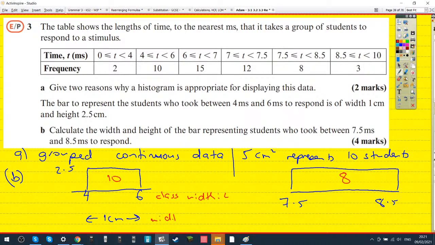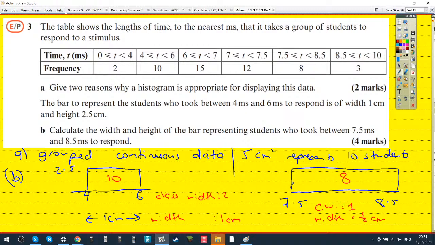The actual width is 1 centimeter. So this one here, the class width is 1, and the actual width is half a centimeter.